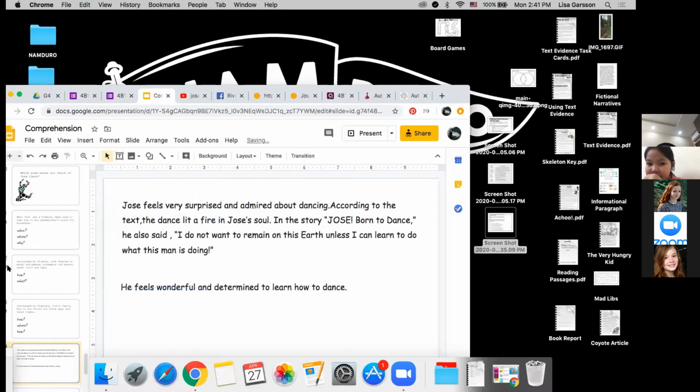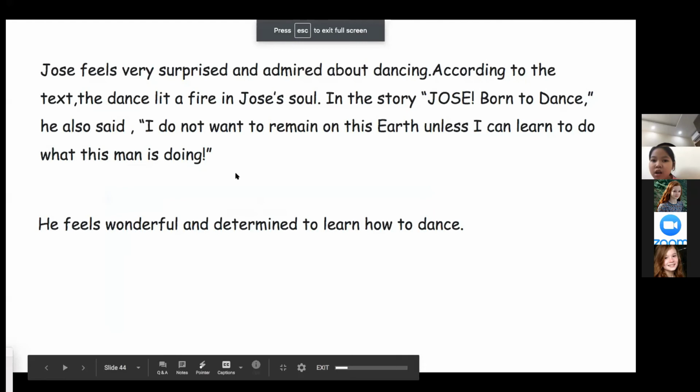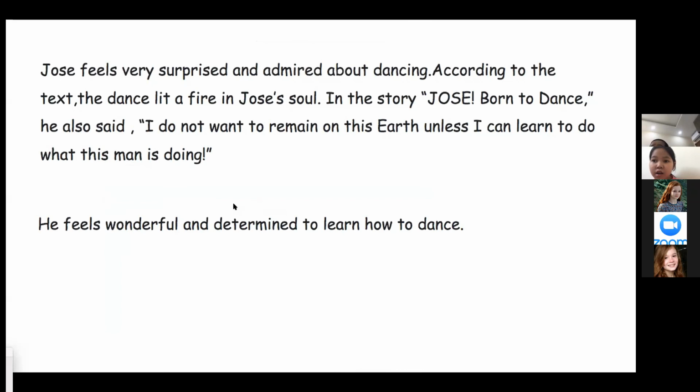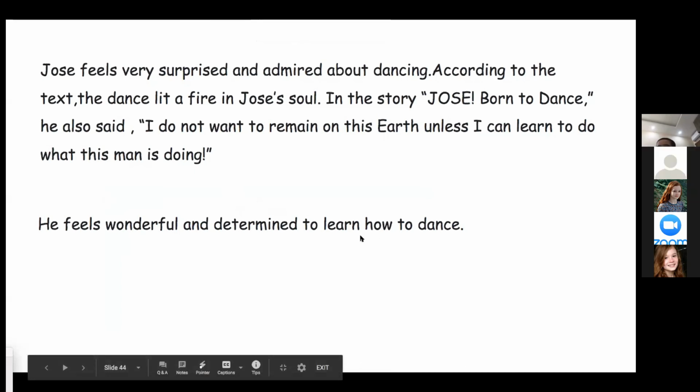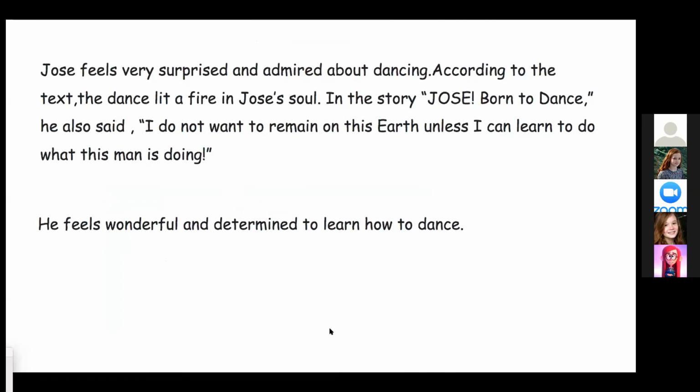So let's look at a couple of examples of ones that we can fix. So we have this first one here. Jose feels very surprised and admired about dancing. According to the text, the dance lit a fire in Jose's soul. In the story, Jose, born to dance, he also said, I do not want to remain on this earth unless I can learn to do what this man is doing. So in this one, P, does this one use examples from the text?